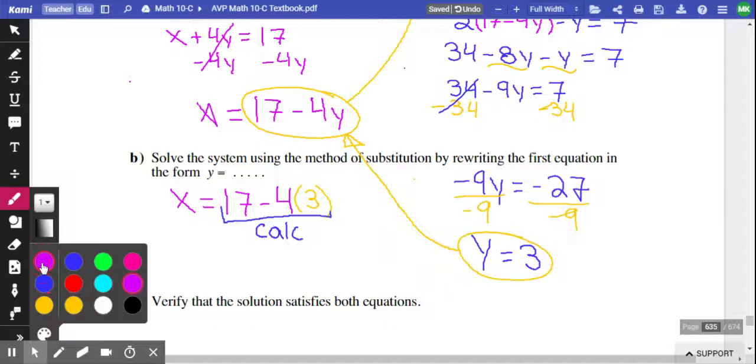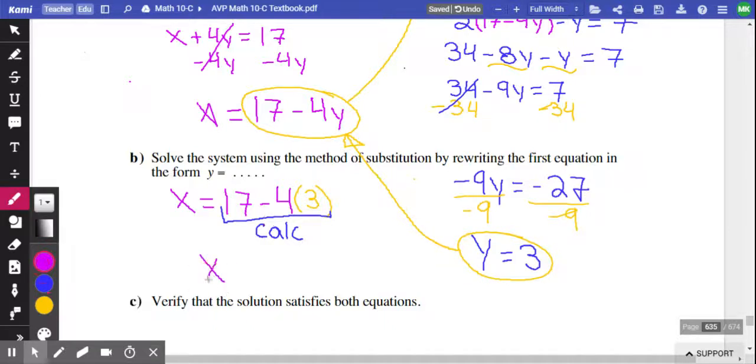You end up getting x equals 5. These two lines cross each other at x equals 5, y equals 3. That would be my solution.